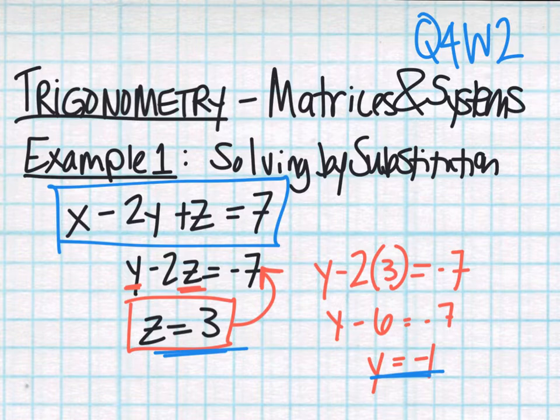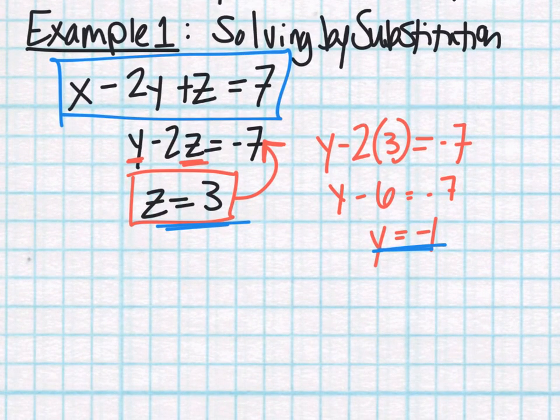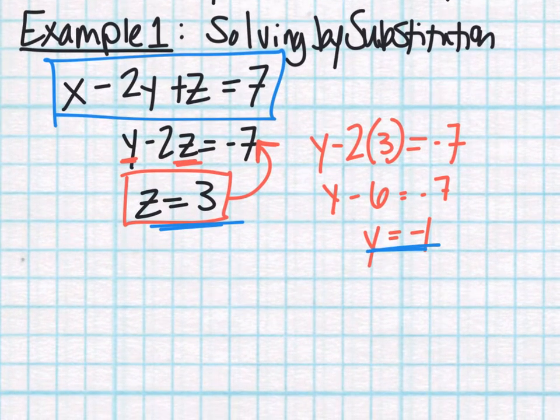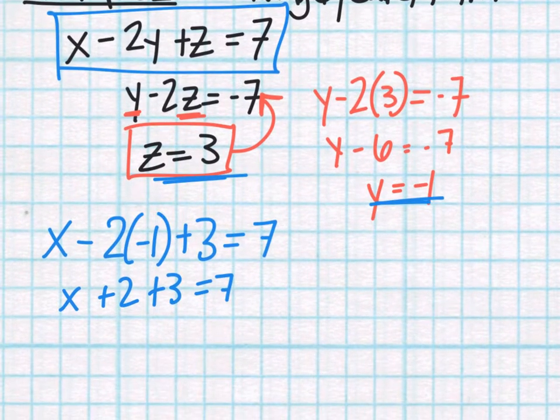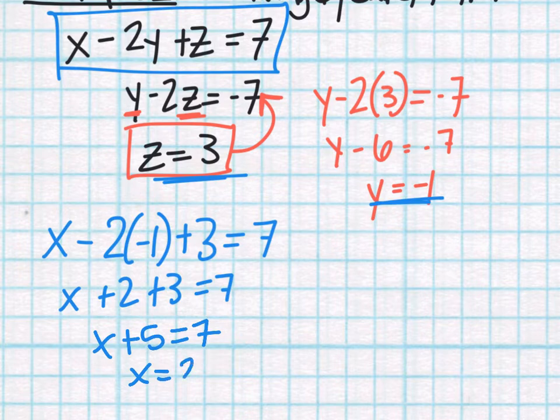So if I plug these in, I'm going to have x minus 2 times negative 1 plus 3 equals 7. So if we work this out, x plus 2 plus 3 equals 7. And 2 plus 3 is 5, so x plus 5 is 7. And then we'll get x is equal to 2.